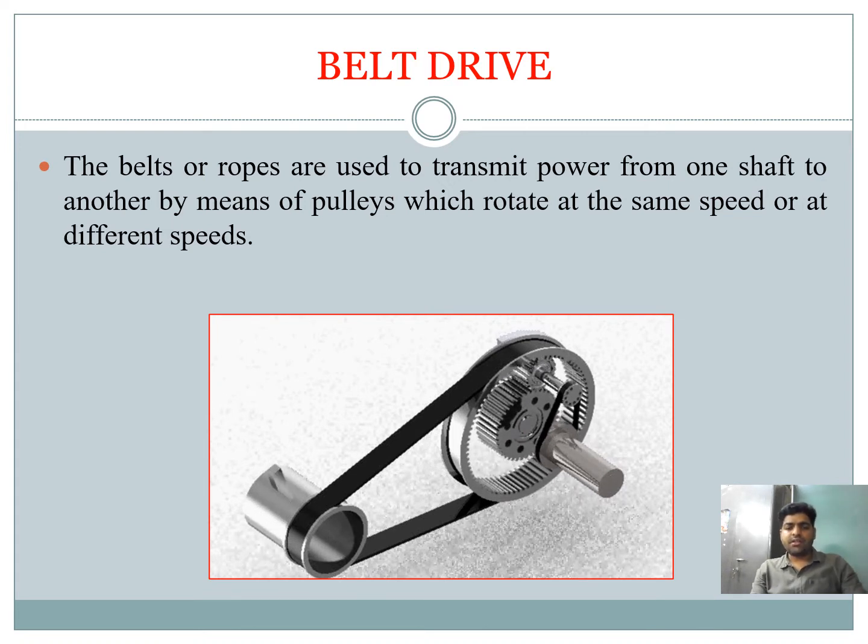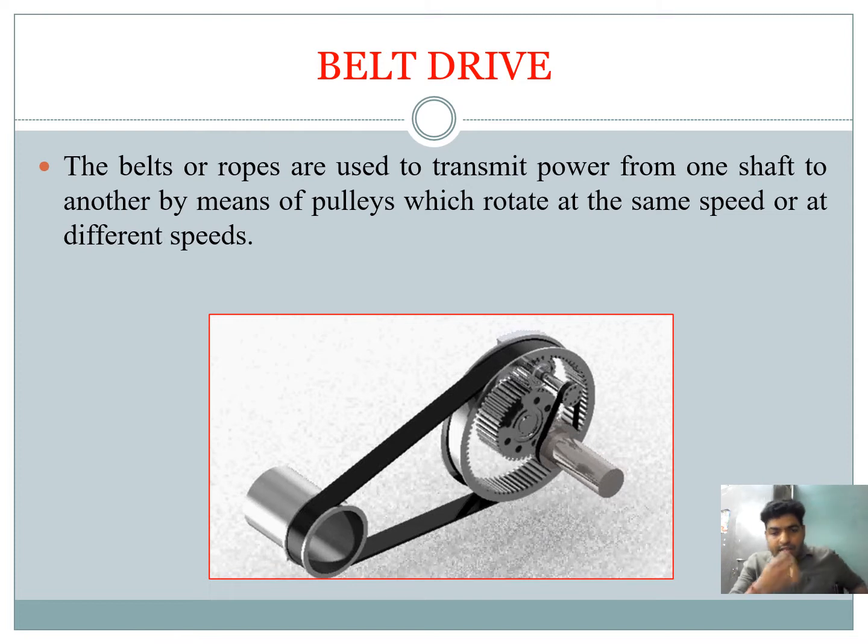There are some factors on which power transmission in the belt drive depends. The first point is the velocity of the belt. Second is the tension under which the belt is placed on the pulleys. Third is the arc of contact between the belt and the smaller pulley.